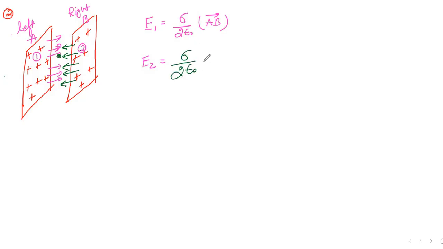See, the formula remains the same for any sheet. Only the direction will be from B to A. Correct? So what will be E net? One is A to B and one is B to A. So what should we do? We should subtract to get the net because they are equal and opposite.